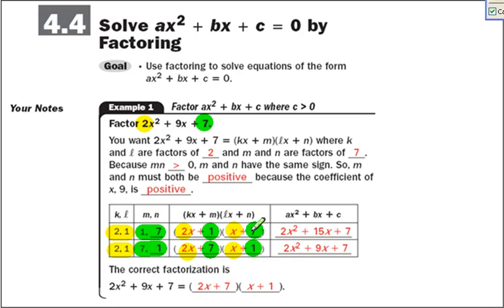So when I FOIL them, what I come out with in this case is a 15x in the middle. All right, but that's not what I want. I want a 9x. But when I multiply this one out, I do in fact get the 9x that I need. So that tells me that this is the factored form of 2x squared plus 9x plus 7.